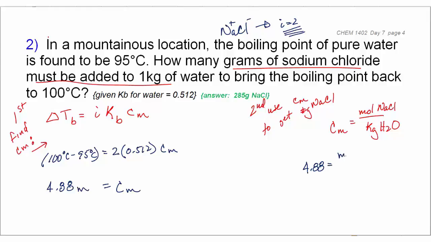Okay, so my 4.88 has to equal the moles of sodium chloride divided by the kilograms of water. It's just 1 kilogram, right? So my moles of sodium chloride is 4.88. Okay, so I guess we have a third step. We have to convert to grams.